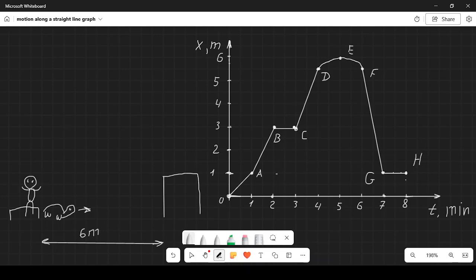From 3 meters from the bench, to the position where we put a perpendicular here, it's 5.5 meters. So during the fourth minute the position of the turtle changed by 2.5 meters. So we can say the speed of the turtle is 2.5 meters per minute.